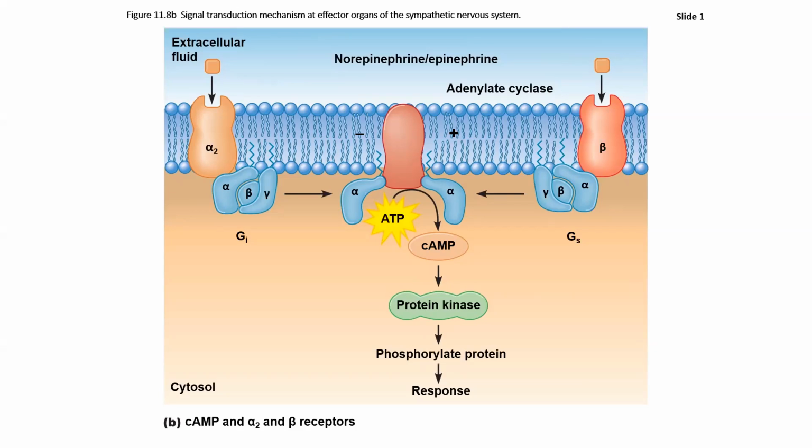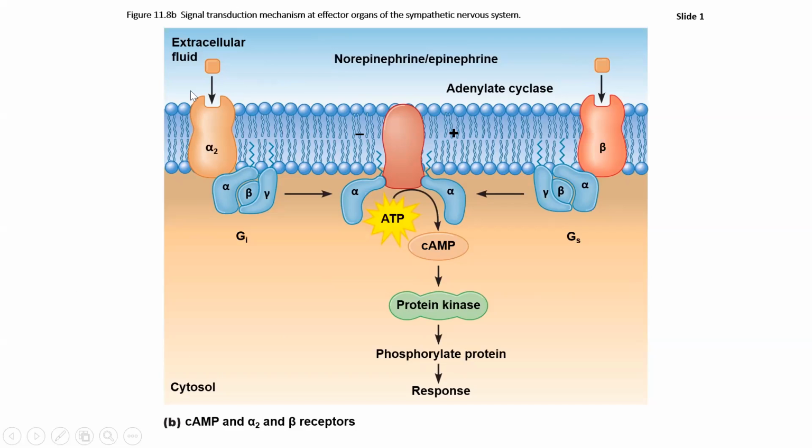We know that beta-1 is on the heart, beta-2 is on the lungs, we know beta-3 is on adipose. So although we're seeing them here on one membrane, understand that this is just showing a collective view of the response, but these are on different tissues, and they're going to bring about different responses on those tissues.